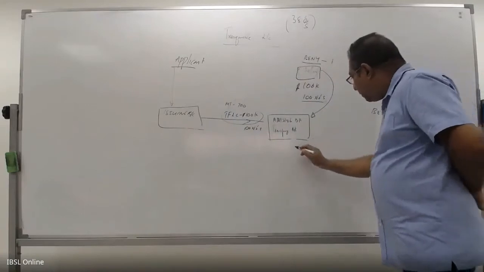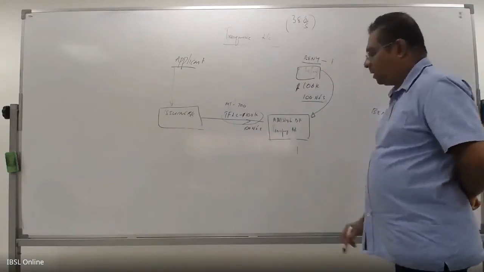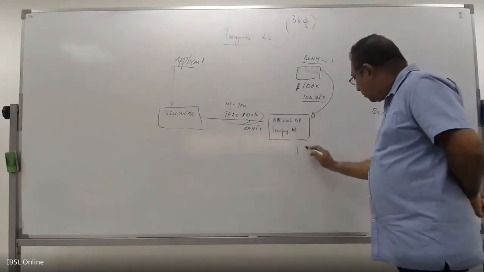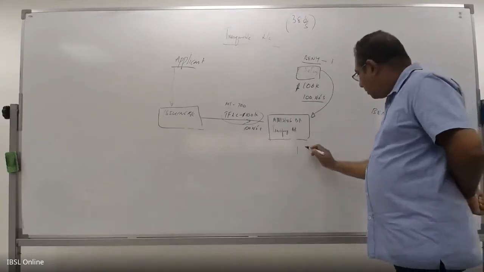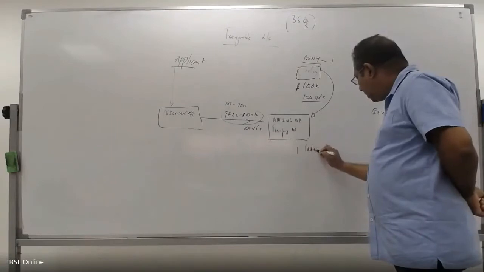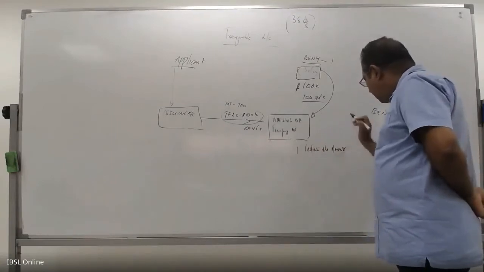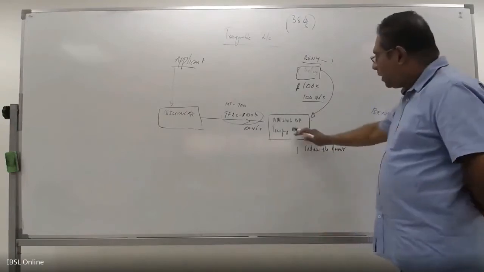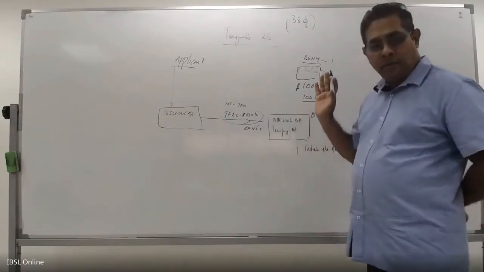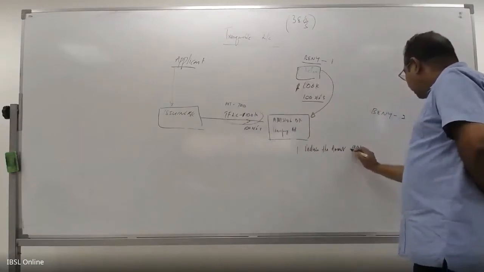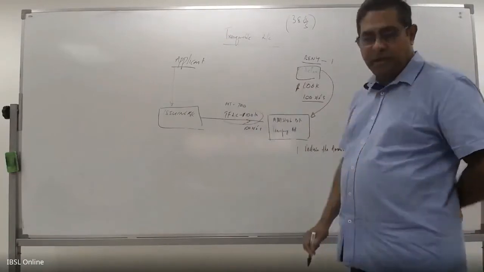So he can request the advising bank, now the transferring bank, to reduce the amount. Don't advise the LC as 100,000. You just say 99,000.